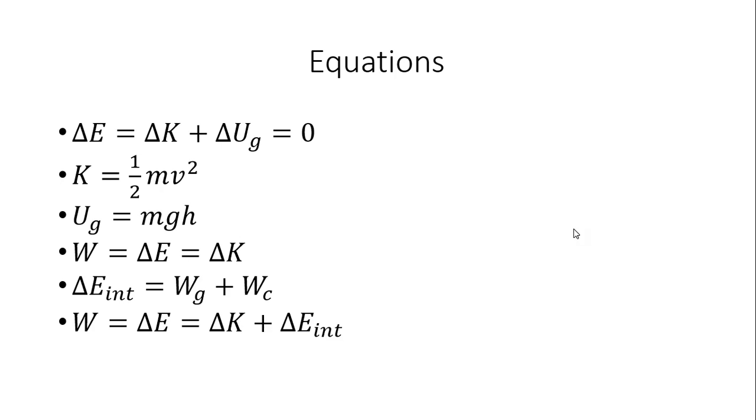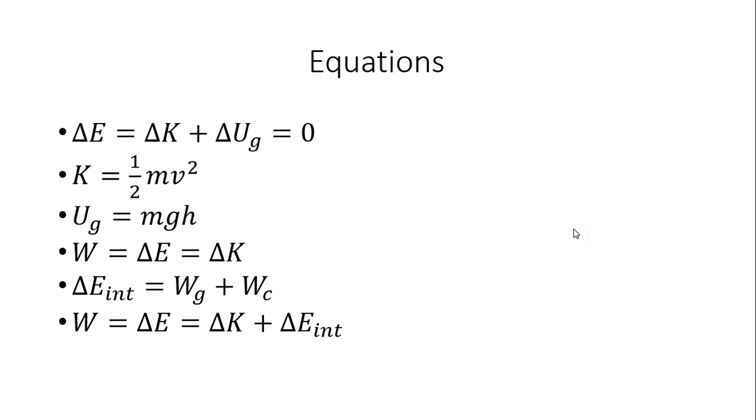Some important equations that we can use here. We know that the change in total energy is equal to the change in kinetic energy plus the change in potential energy, in this case due to gravity. Because the person and the earth are both in the system, the total change in energy is going to be 0. We can also calculate kinetic energy from 1/2 mv squared, gravitational potential energy from mgh, and we also know that work equals the change in total energy, which also equals the change in kinetic energy.